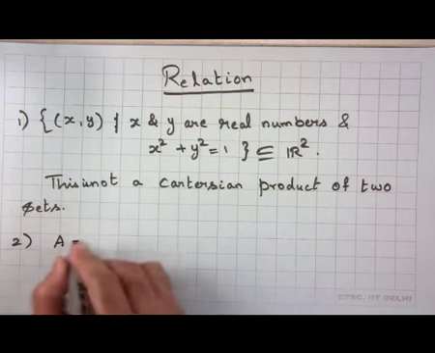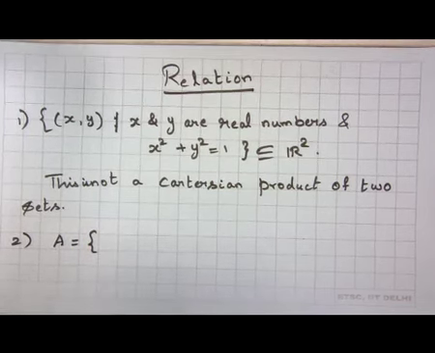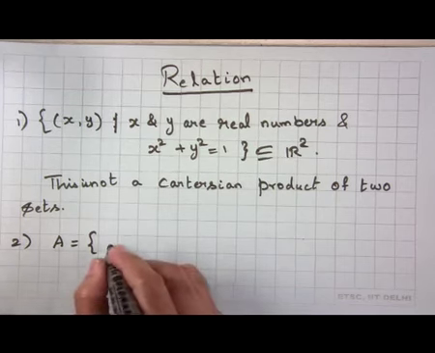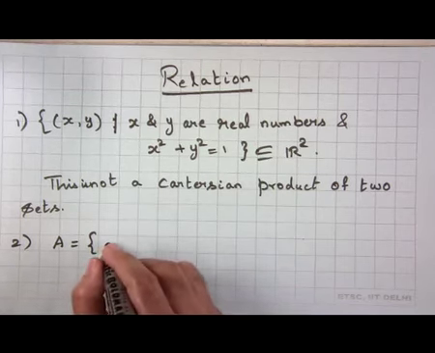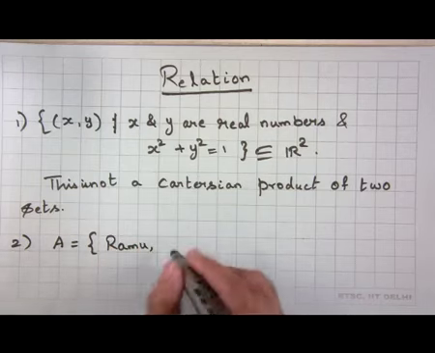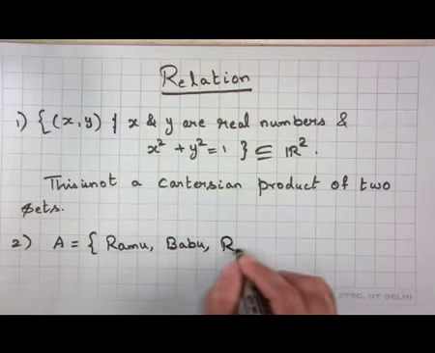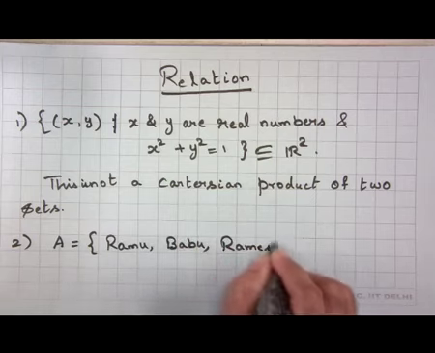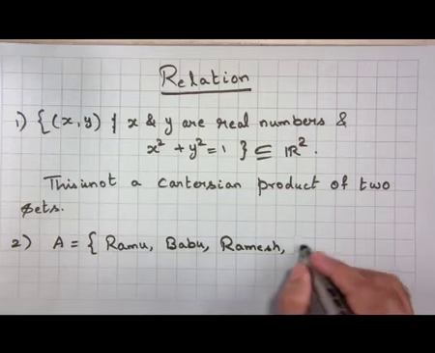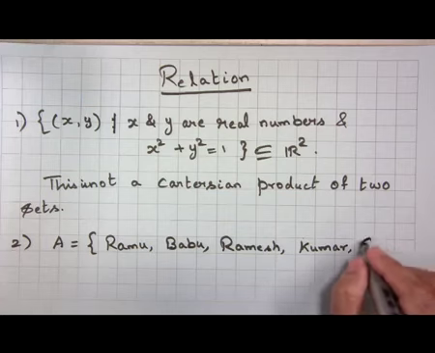Suppose that A has the following: Ramu, Babu, Ramesh, Kumar and Siva.